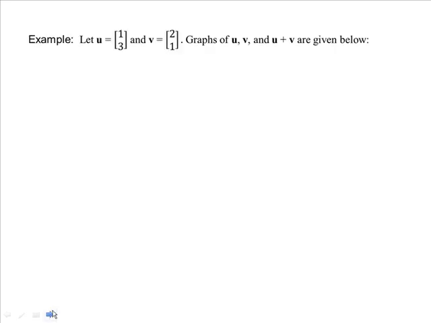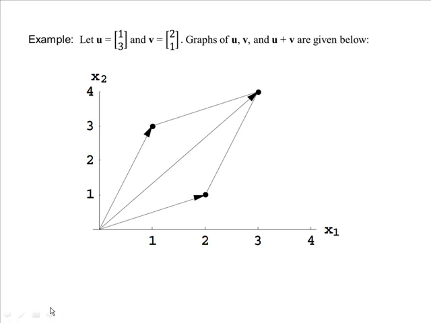In this example, we want to let u be equal to the vector 1, 3, and v is the vector 2, 1. And here we're going to see the graphs of u, v, and u plus v, and we're kind of seeing the parallelogram rule happening. So right here is the graph of u, this vector here, and then right here is the graph of v.